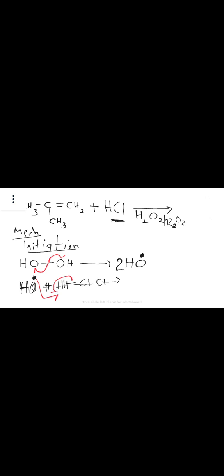So now the hydroxyl radical will bring an electron. Hydrogen will also bring an electron. They will form a bond and the other electron will go to chlorine, so you form the consequent products. If OH picks up an H, you form H2O, a water molecule. So when you use hydrogen peroxide, you form a water molecule.